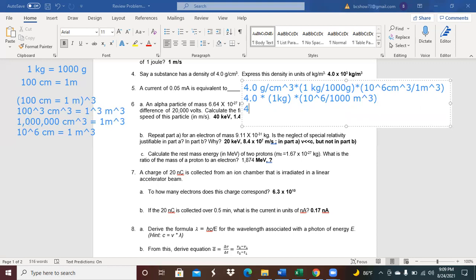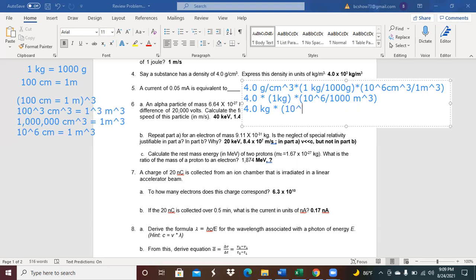So technically, we end up with 4.0 kilograms times 10 to the 6th divided by 1,000. So I've got 6 tens in the top, and if you look at it closely, I'll have 3 tens in the bottom.